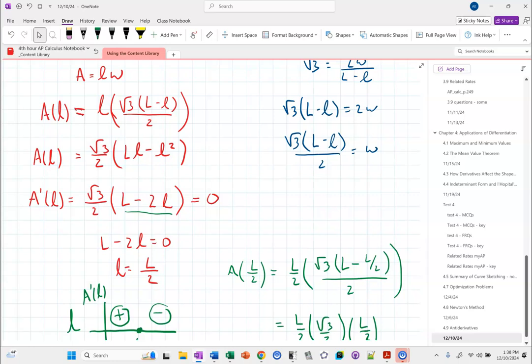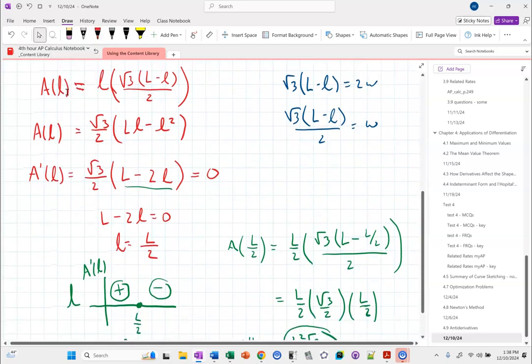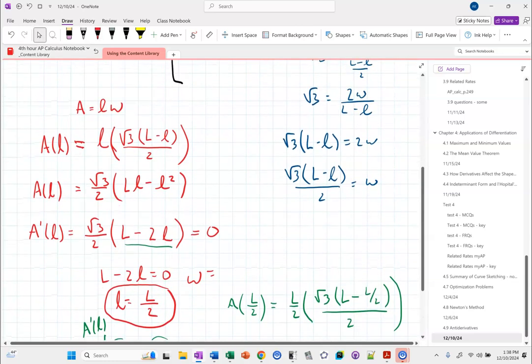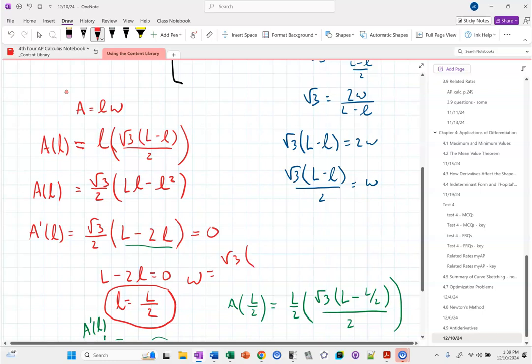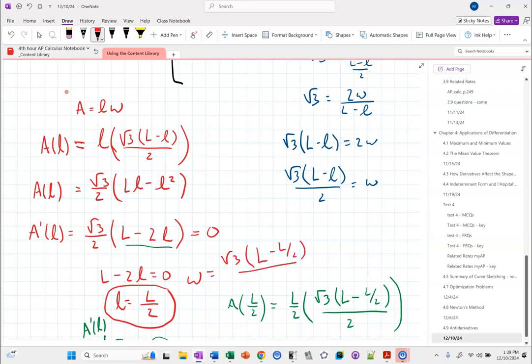Okay, so that was set up correctly. L over 2 is correct. The maximum occurs when, well, I don't care about that. Oh, find the dimensions. I'm so dumb. It didn't ask for the maximum area, it wanted the dimensions. No wonder I can't find the answer. Okay. So L over 2 is the length, and then the width is just going to be root 3 times L minus L over 2 over 2.